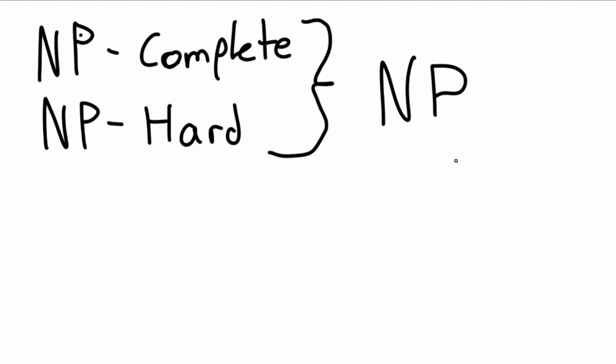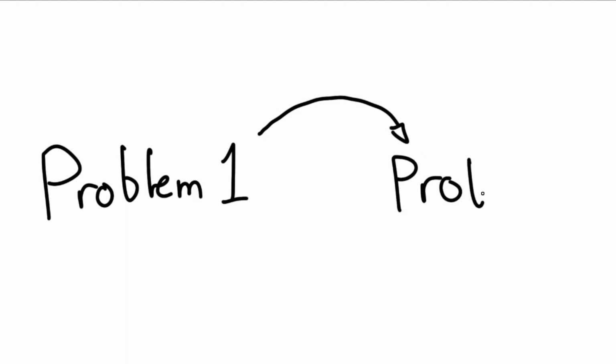Sometimes, let's say we have problem 1. If we find the solution to problem 1, this could also lead to the solution of another problem, which we would call problem 2.